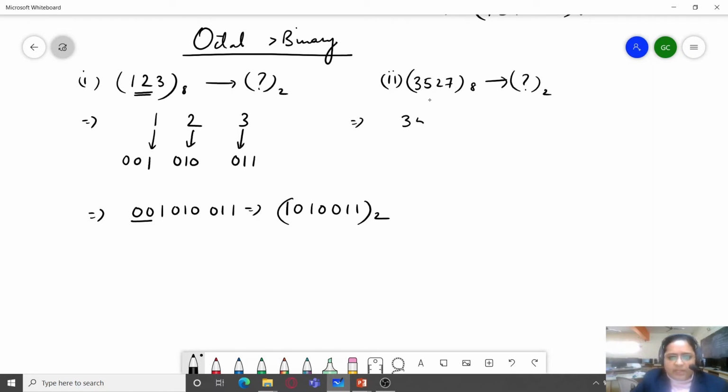So again we write the digits like this. Now the individual conversion. So first I'll just write it properly with proper gaps in between, so that it is easier for us to write all the bits.